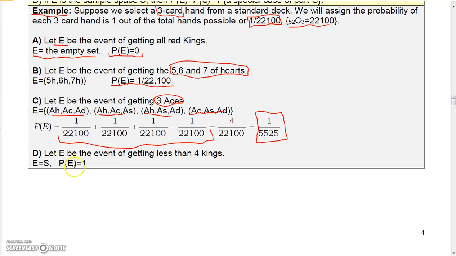And then finally, let E be the event of getting less than 4 kings. Well, the most kings you can get in a 3-card hand is 3. So every 3-card hand in the sample space is going to have less than 4 kings. In this case, the event space is simply the entire sample space, and so the probability of that occurring is equal to 1.